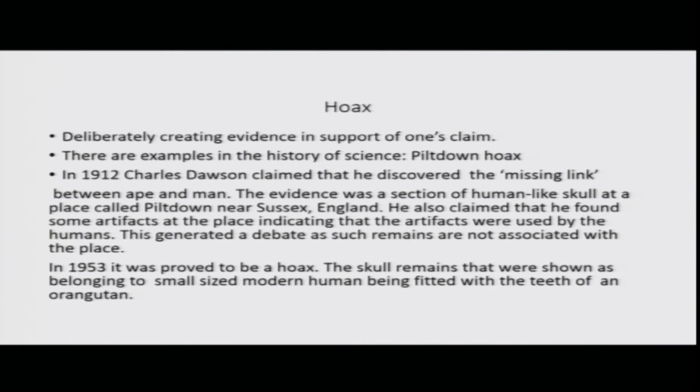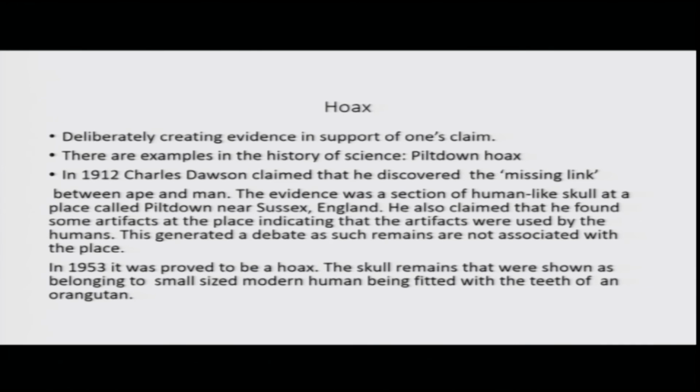In 1912, Charles Dawson claimed that he discovered the missing link between ape and man at a place called Piltdown near Sussex, England. The evidence which he showed was a section of a human-like skull which he claimed he found at Piltdown.